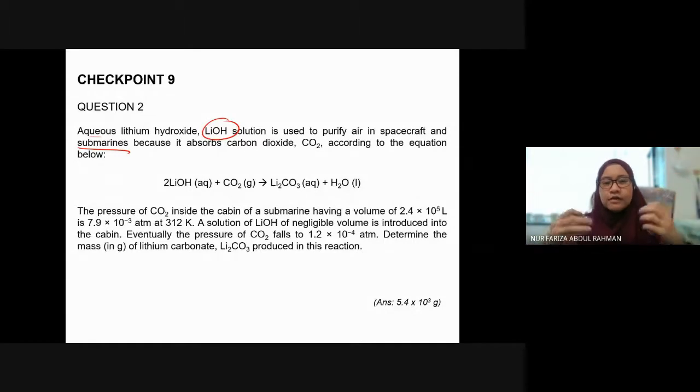If the concentration of carbon dioxide exceeds the safe limit, it will cause harm to our body.